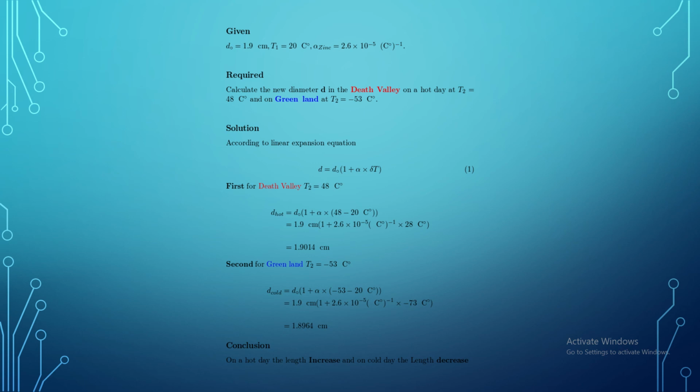Second, for Greenland, which is negative 53 degrees Celsius: 1.9 centimeters times (1 plus 2.6 times 10 raised to negative 5 per degree Celsius times negative 73 degrees Celsius), which is 1.8964 centimeters. On a hot day, the length increases, and on a cold day, the length decreases.